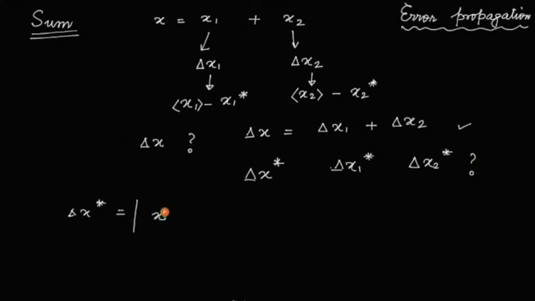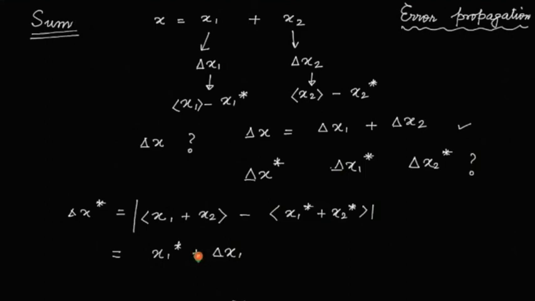First I will write x1 plus x2, estimate of that, minus x1 star plus x2 star. X1 estimate is x1 star plus delta x1.